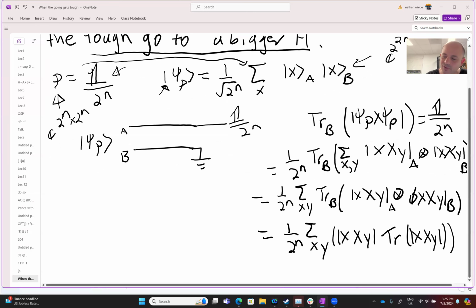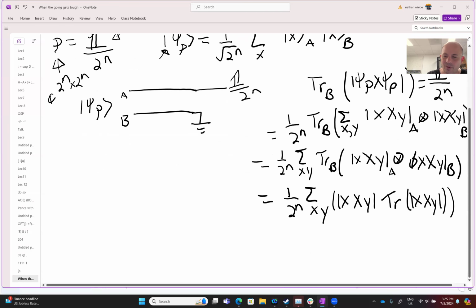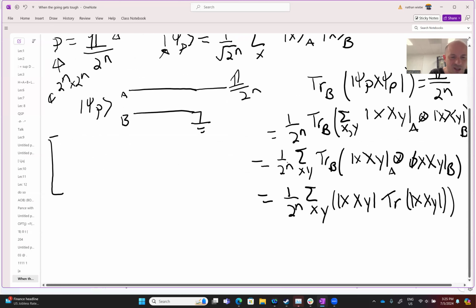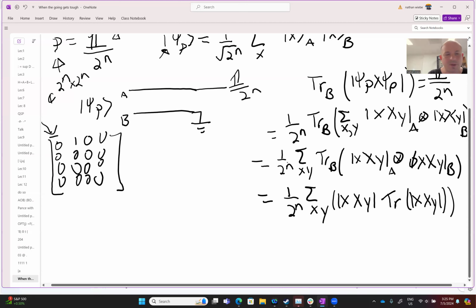Now, of course, the trace of this off-diagonal projector is 0 because, in general, if x doesn't equal y, then we'll have a matrix that's kind of like of this form over here. And so what we'll end up getting is that the trace of this is 0, because trace is just the sum of the diagonal elements in our matrix.